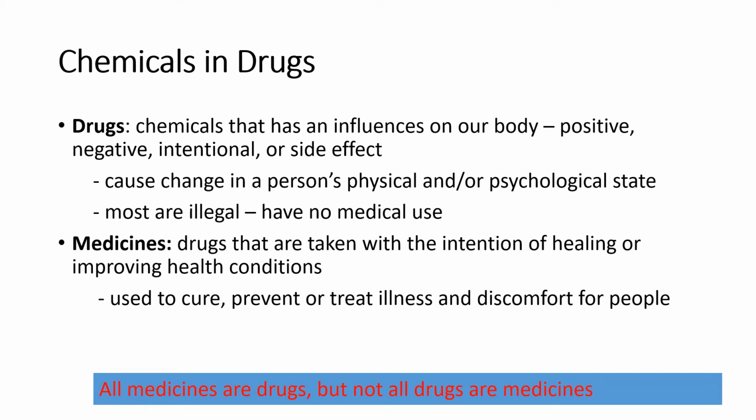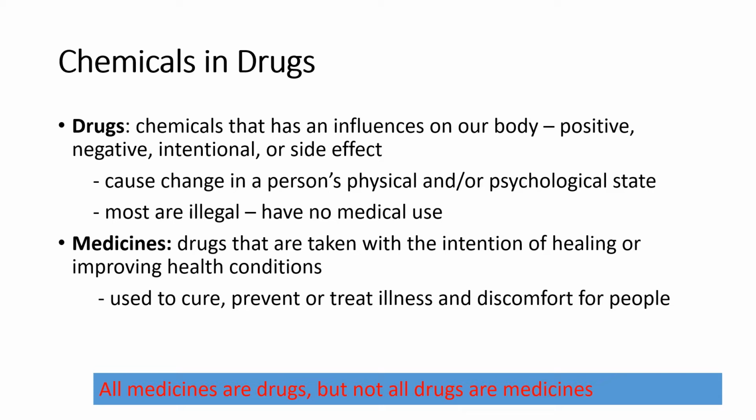Chemicals in drugs. Drugs are chemicals that have an influence on our body, whether positive, negative, intentional, or side effect. They cause change in a person's physical and physiological state.